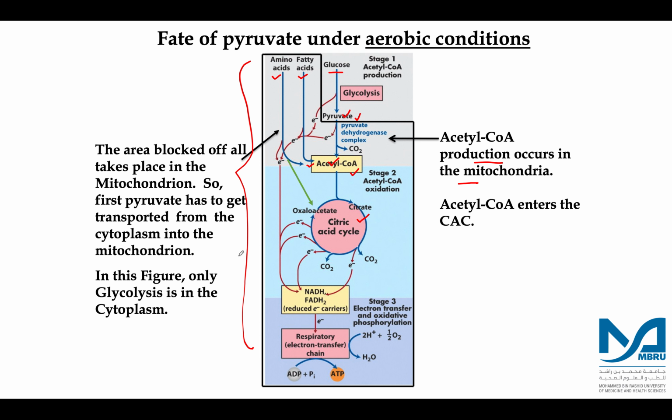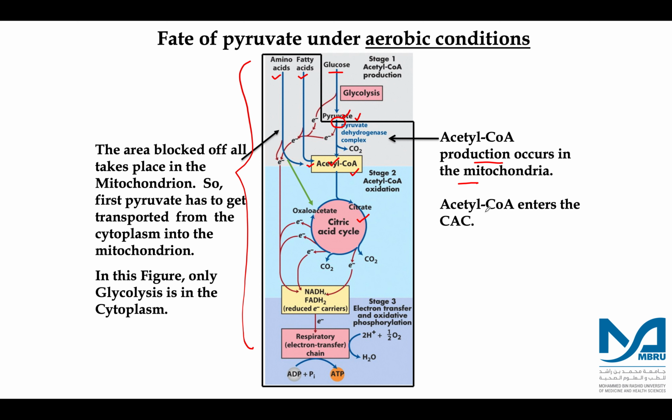So what is the first step after glycolysis? That means after I have converted glucose to pyruvate, it is to transport pyruvate inside the mitochondria from the cytoplasm. And we will have to look at how this process occurs.